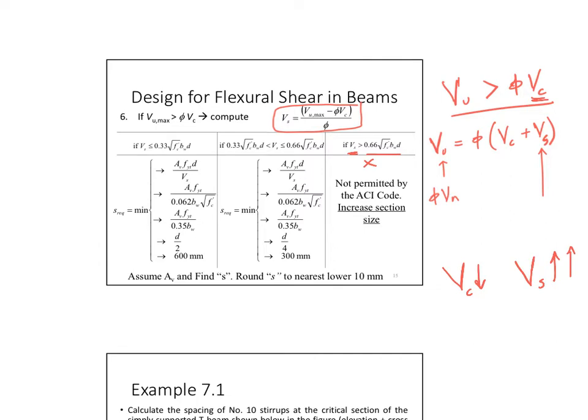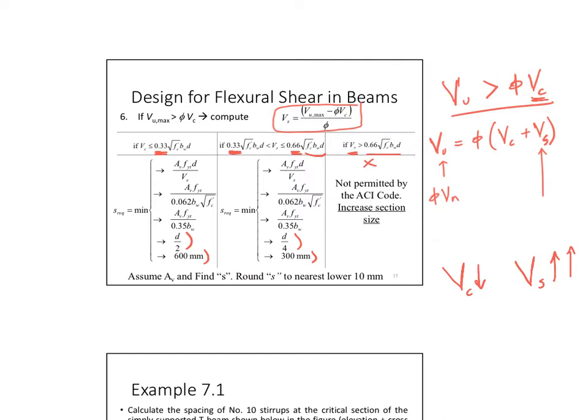In this case, it would be good to have it either smaller than 0.33 square root of f'c bw d, or in between 0.33 and 0.66 of that value. The only difference between them is that the spacing criteria in these two parts will be d/4 and 300 millimeters instead of d/2 and 600 millimeters.